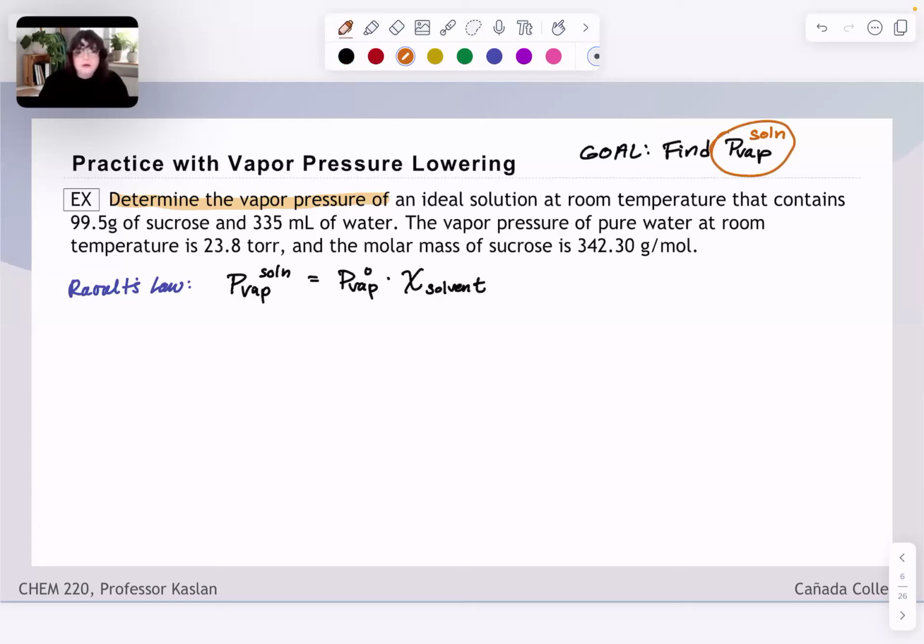So here is our goal, to find the vapor pressure of solution, and Raoult's law gives us a means of doing so.